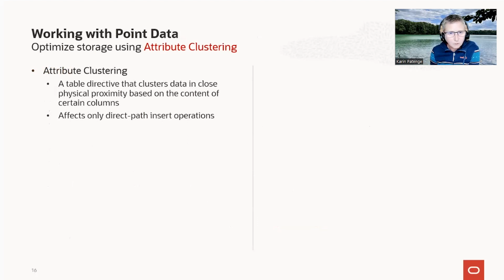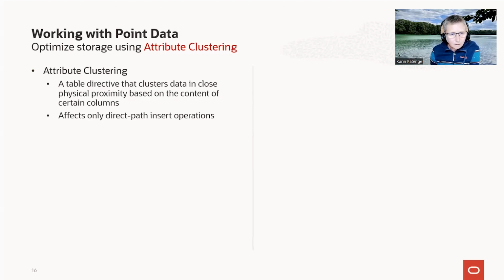One of the options we call attribute clustering. Attribute clustering is actually a table directive. So you have a clause for when you create the table, which directs the table creation to use attribute clustering, and you also define the columns which will be used for clustering.